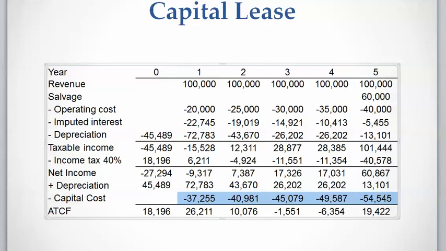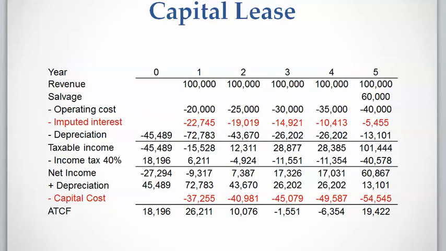And another double check, the summation of the principal portion and the interest portion should be equal to the $60,000 of the lease payments. And then we calculate the after-tax cash flow.